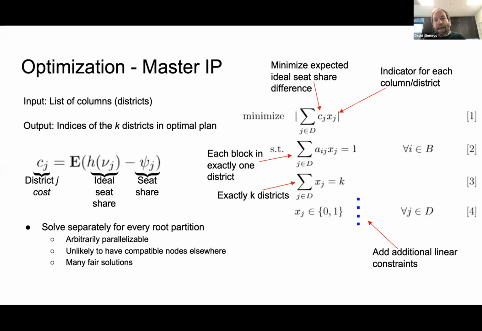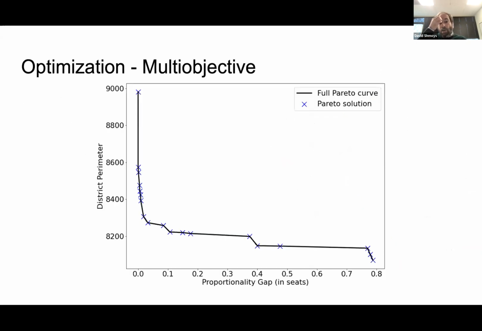And so this allows me, rather than optimizing a full map, really at the root, I can split that into separate optimization problems and just run in parallel the optimal solution to the different root solutions. We can run this multiple times, and as a result, end up with a whole basket full of solutions.